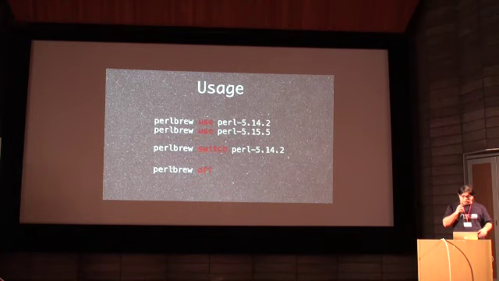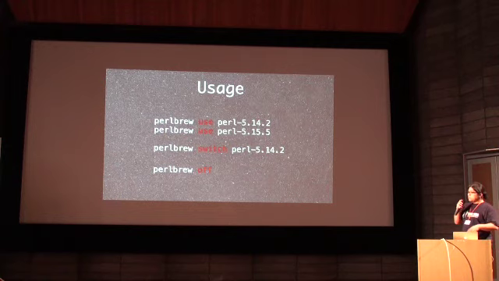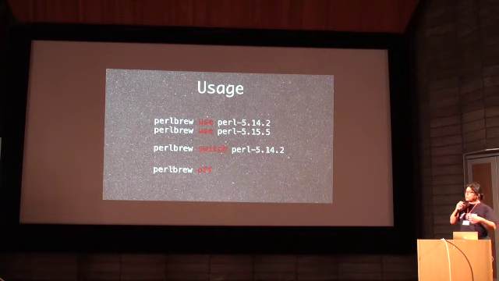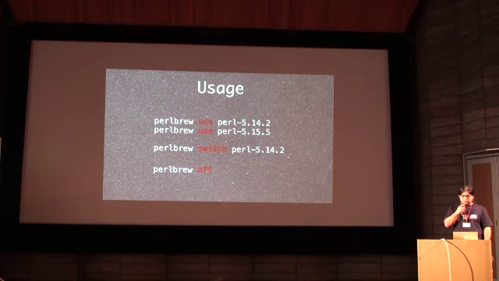Now the magic here is you can say perlbrew use and then the version, or perlbrew switch and then the version, and your current shell environment will be tweaked to include the specified version of Perl in the path, including the CPAN and all the other executables that come with Perl.